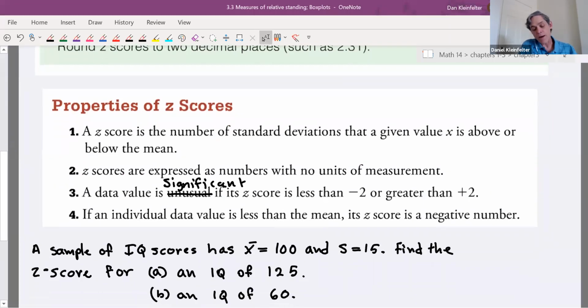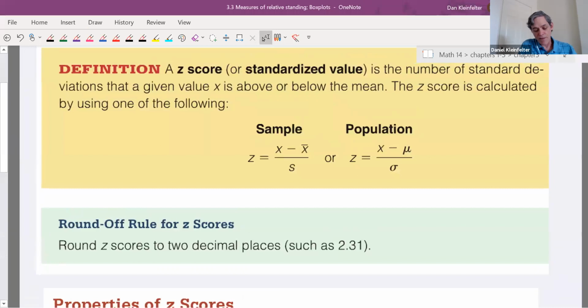Okay, so some properties of z-scores and then an example. A z-score is the number of standard deviations that a given value x is above or below the mean. Z-scores are expressed as numbers with no units of measurement. So again, let's think about that for a minute. Let's say that we're talking about heights of some plants in inches. The x then would be in inches.